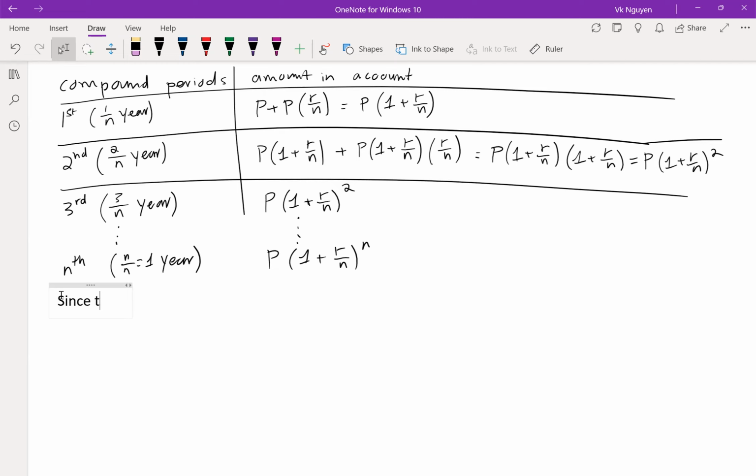Since t is t years, we have nt compound periods.